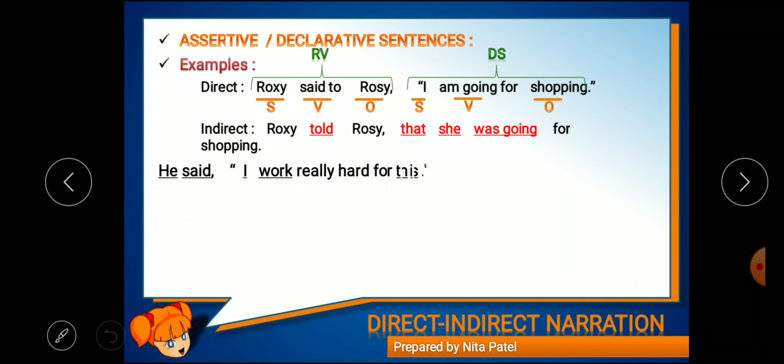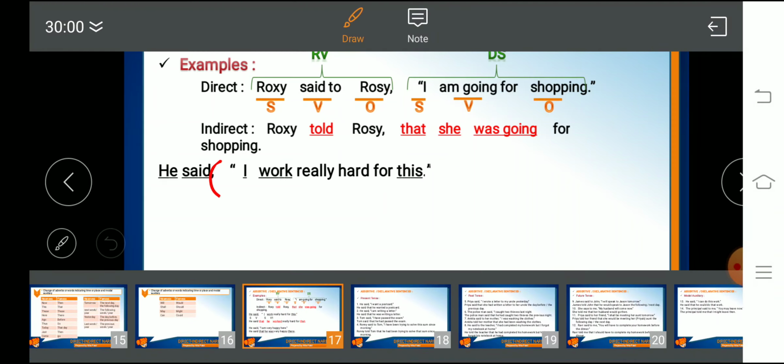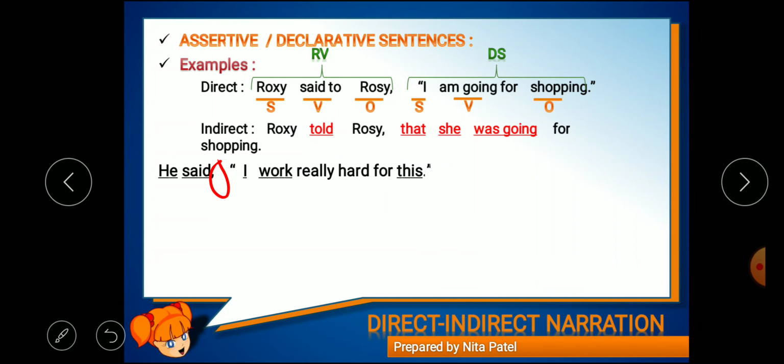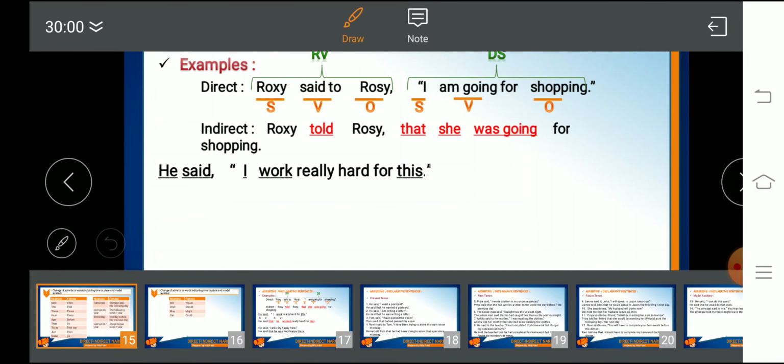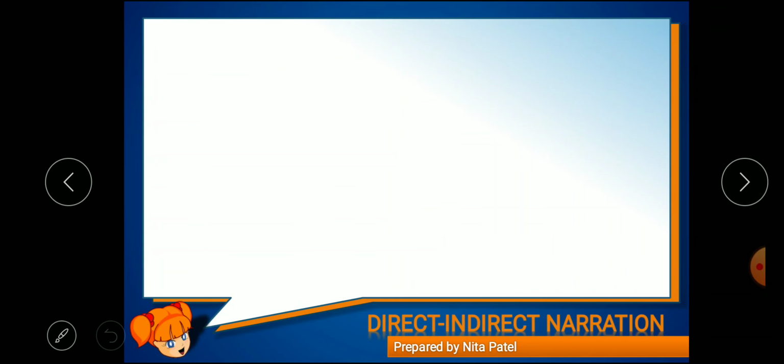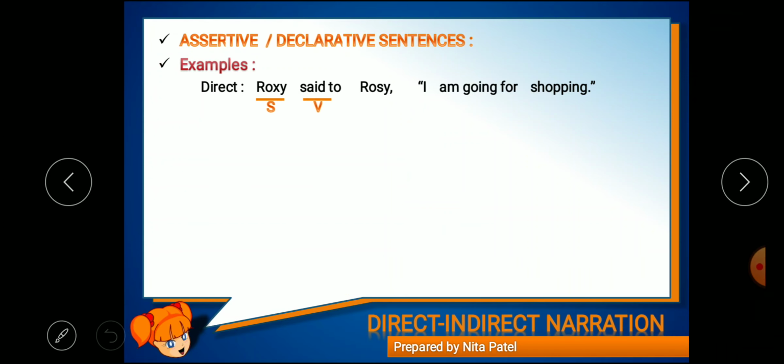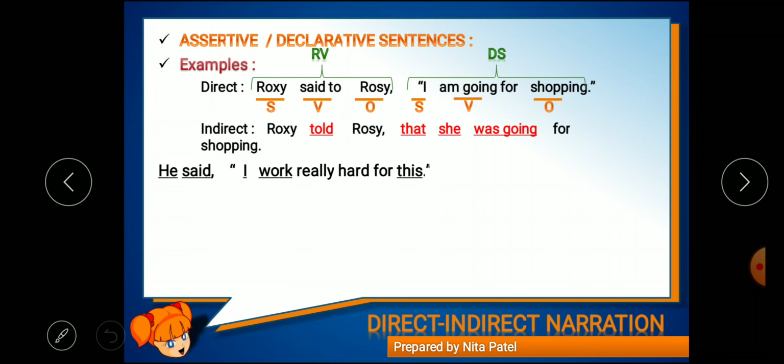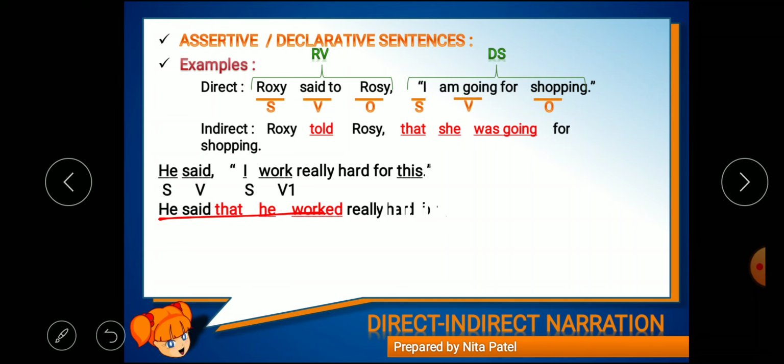Okay, let's see another example. He said, "I work really hard for this." I have already underlined what to convert here. He will not convert, right? Now there is no object here, so we don't have to use told here. So he said that he.